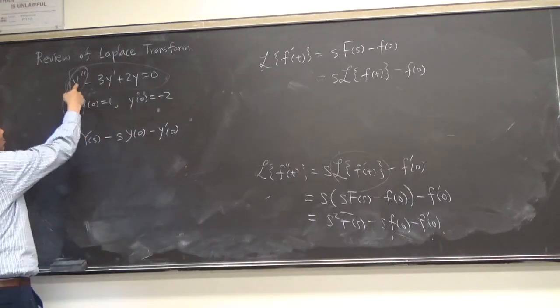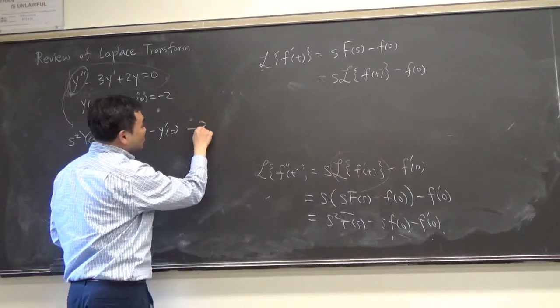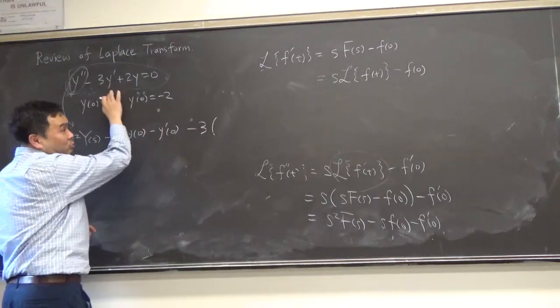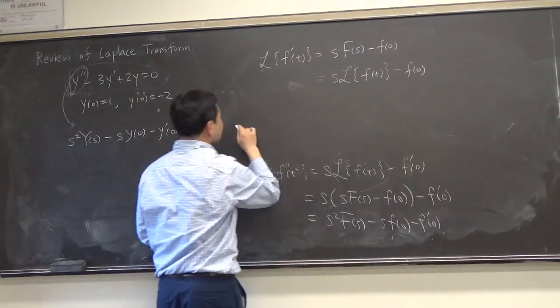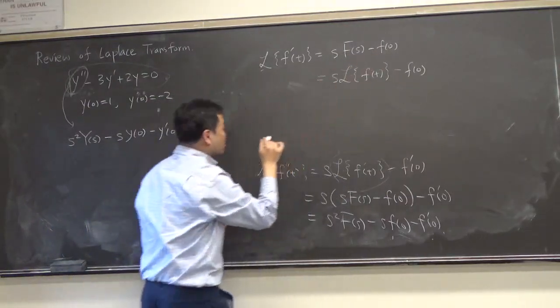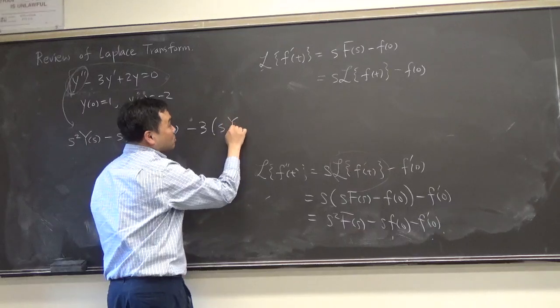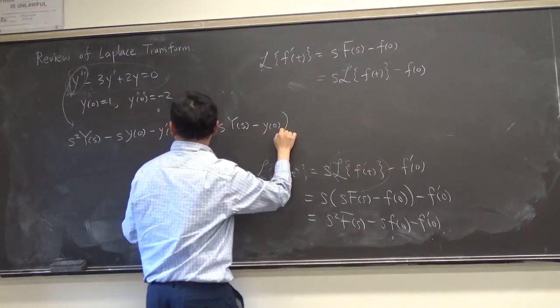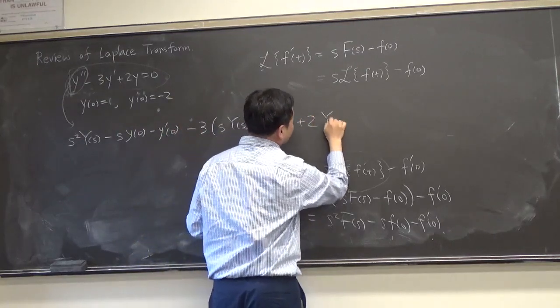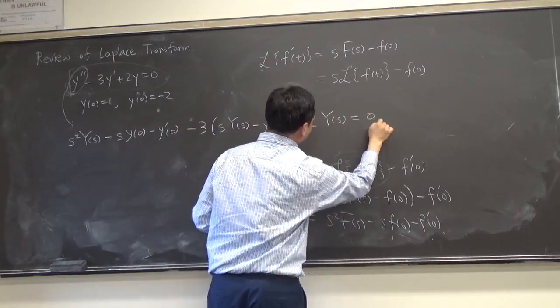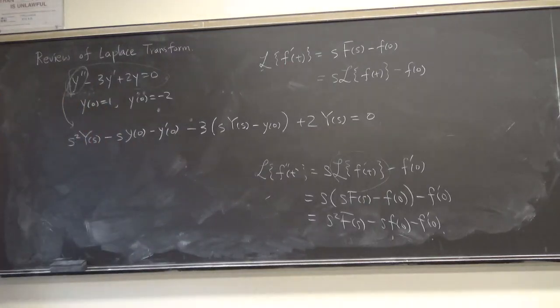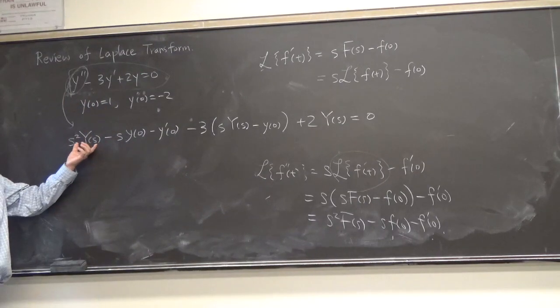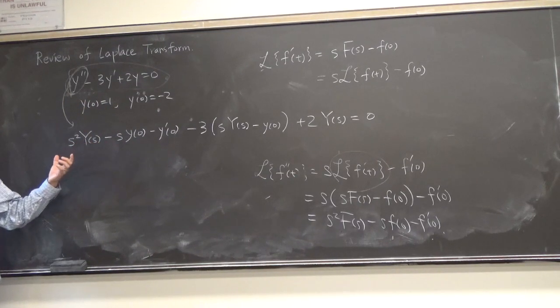Then minus 3, now we have y prime, which we use this one for. Again, instead of letter f, we use letter y: s capital Y of s minus y of 0. And then plus 2 capital Y of s equal to 0.